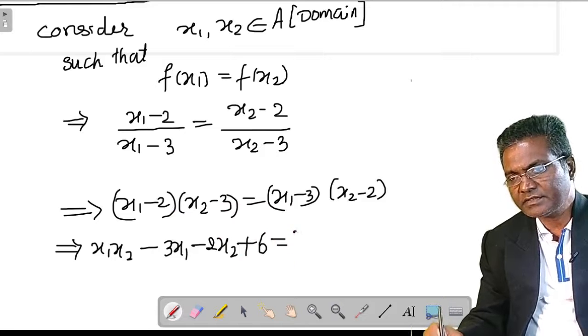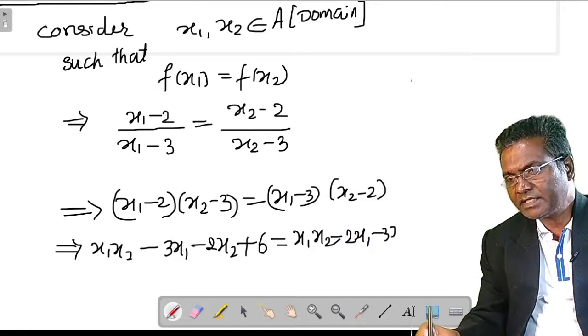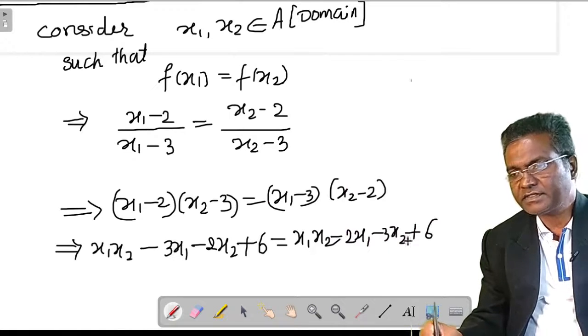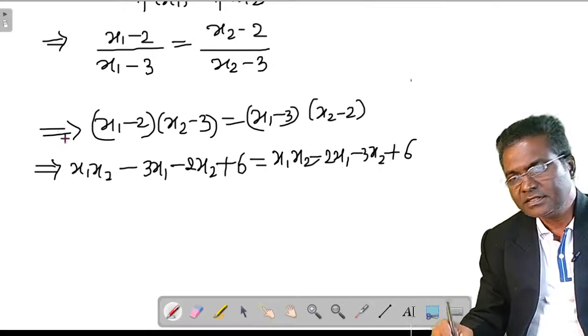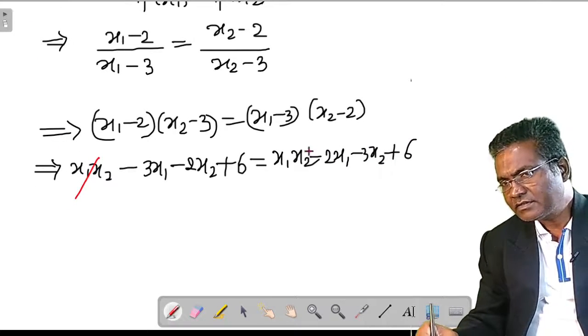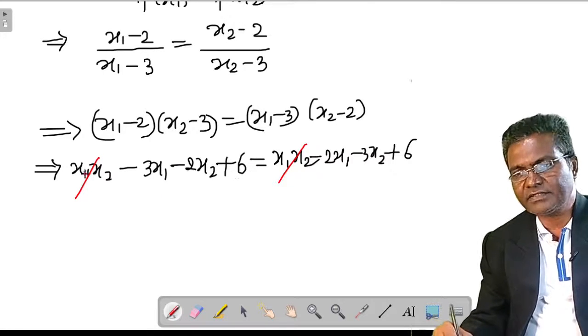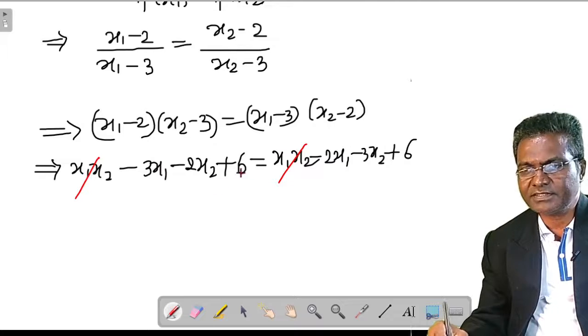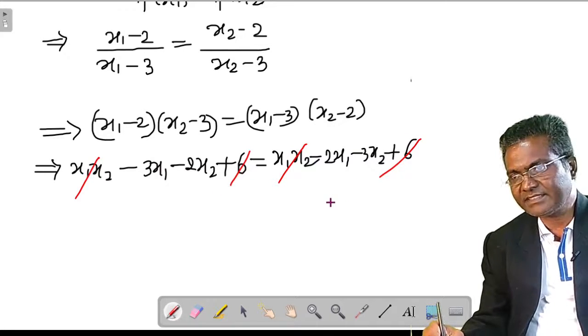On the other side, x1 into x2, x1x2, minus 2x1 minus 3x2 plus 6. Okay, so simple. Now you can remove the common terms that exist on both sides. x1x2 and x1x2 cancel, plus 6 and plus 6 cancel.